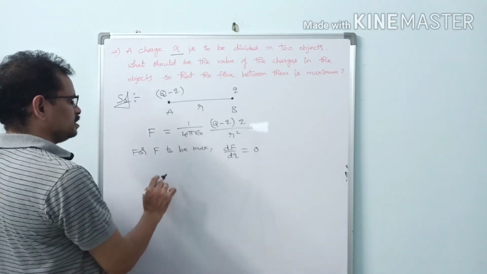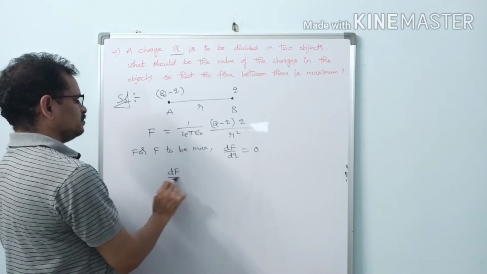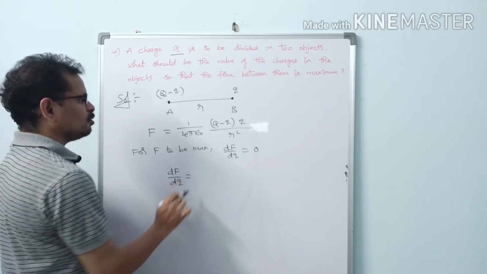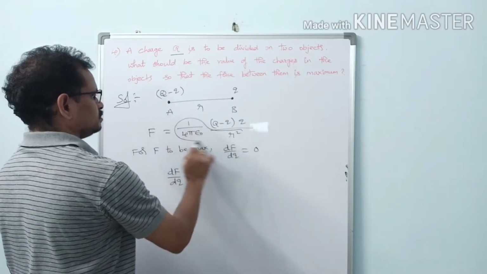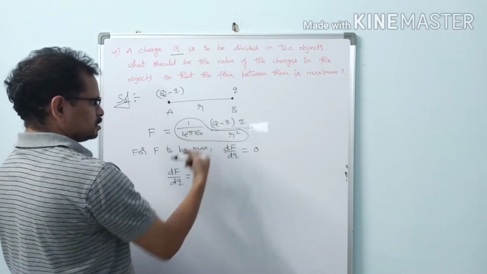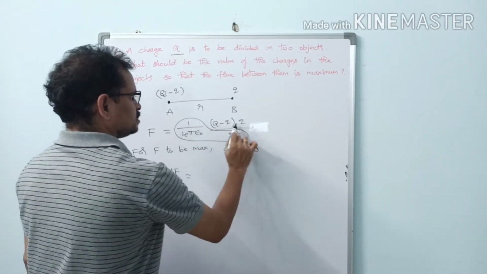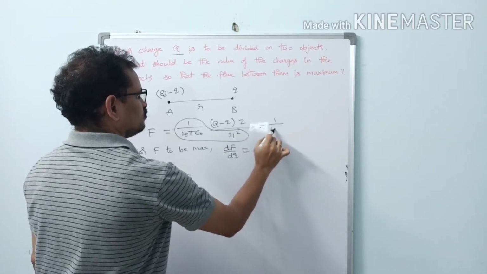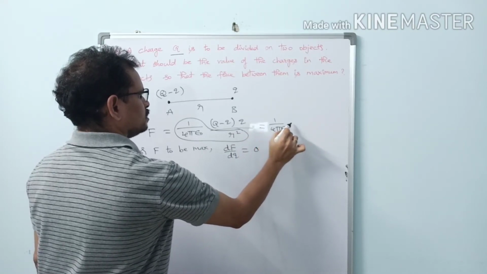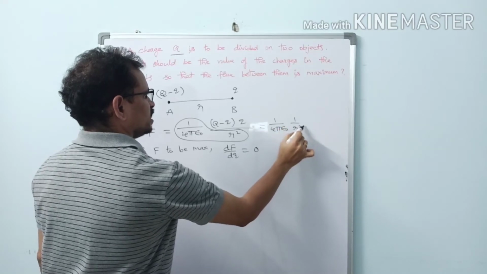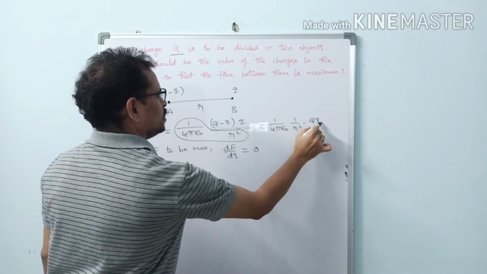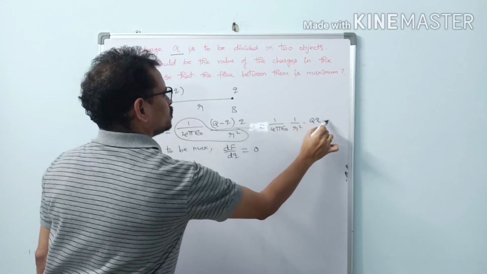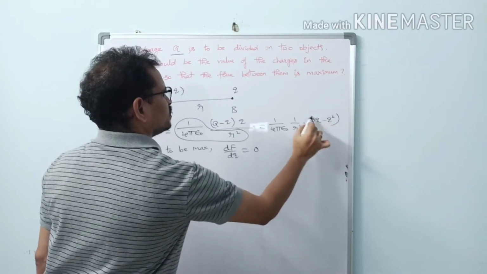This part is constant, no? So dF by dq is equal to 1 by 4 pi epsilon naught r square into the derivative of q into Q minus q, that is Qq minus q square.